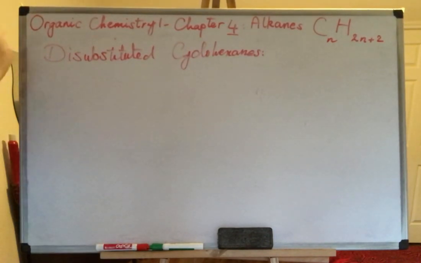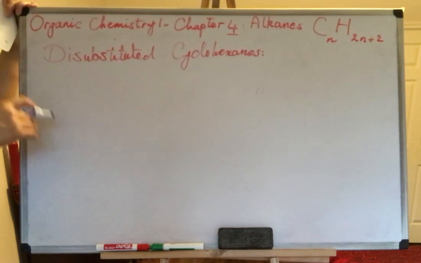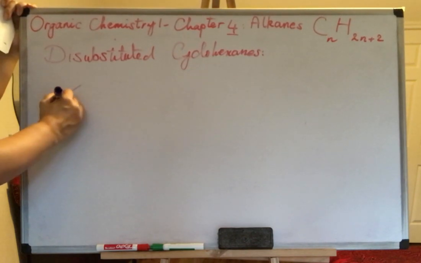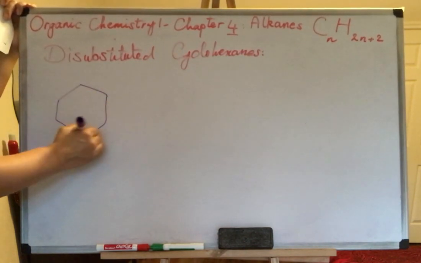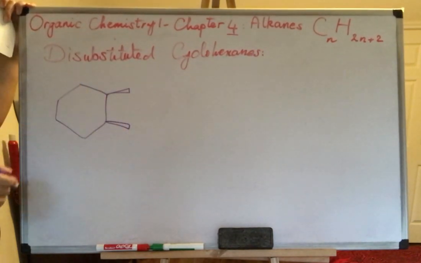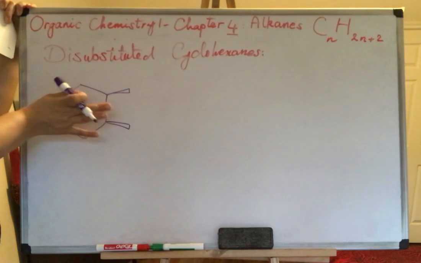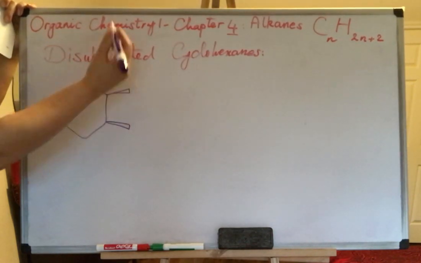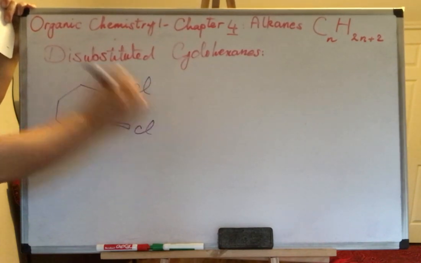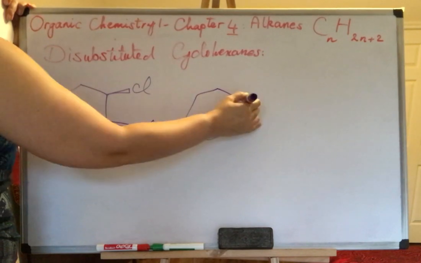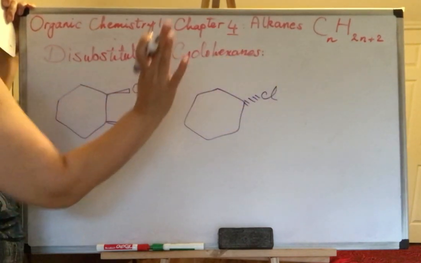Before we work on the chair cyclohexane, let me tell you in general, I'm sure in general chemistry you had it. When you remember the wedge and dash, wedge means both towards your face, like let's say both are chlorine. Or if both of them are on dash, means both of them are away from you.